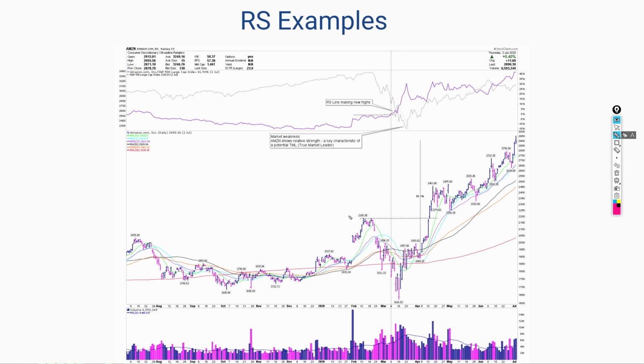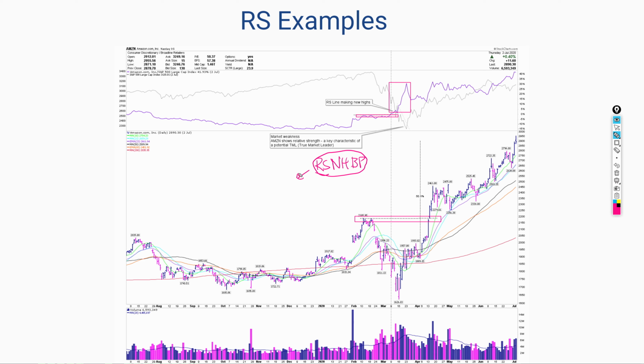And this particular example is basically the price remains below this intermediate high or all-time high, and the RS line screams higher into new high ground. So what we call this is the RS line is making a new high before price is making a new high. So this is your RS new high BP.